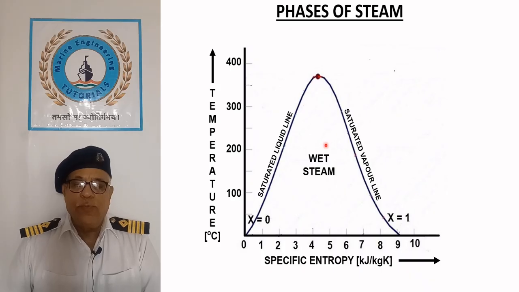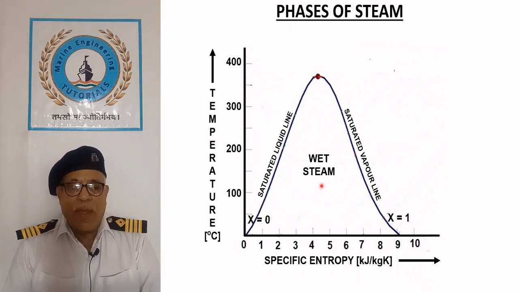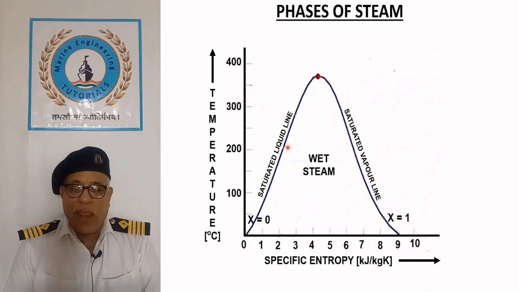Within the dome-shaped curve bounded by the saturated liquid line and the saturated vapor line, steam exists as a wet mixture of water and vapor.